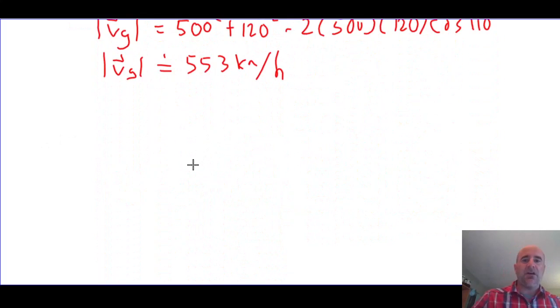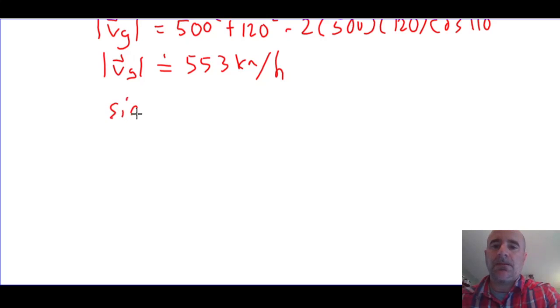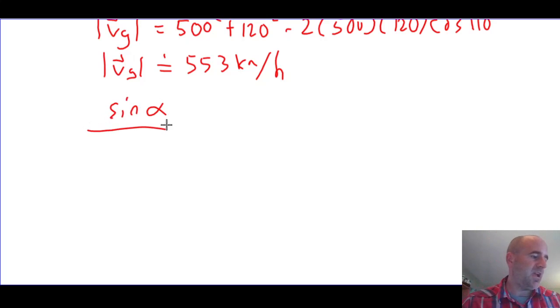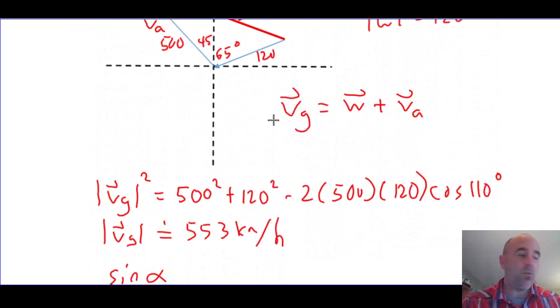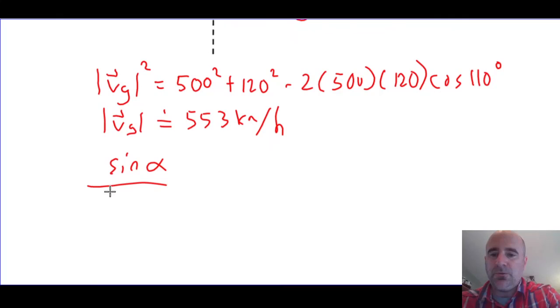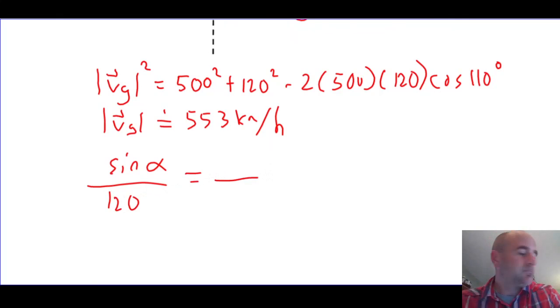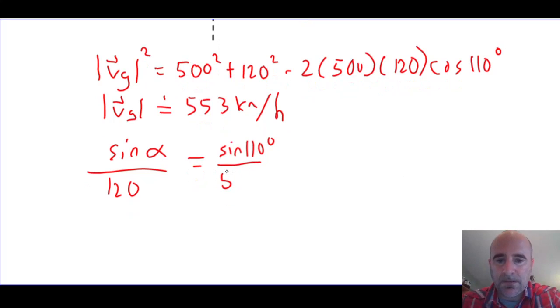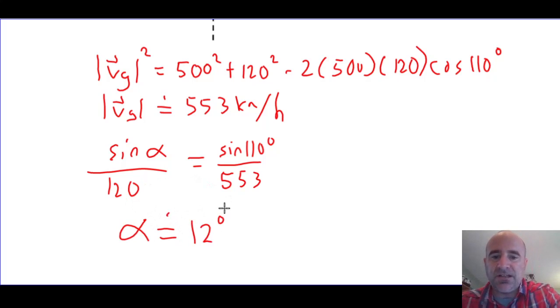The sine of alpha divided by the side across from it, 120, is equal to the sine of 110 divided by 500. Oops, sorry about that, it should be 553. Multiply both sides by 120, do the inverse sine, and you'll find you get 12 degrees.